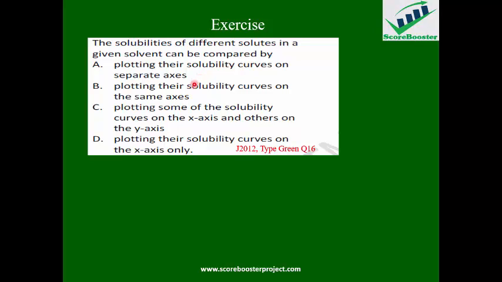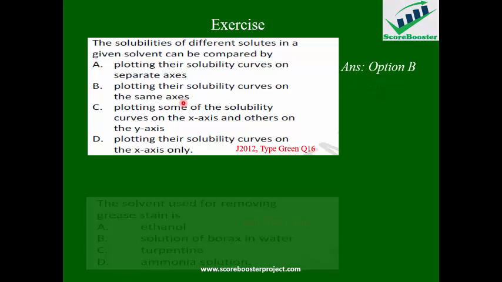That's why you see the plural form, axes. So the values are plotted on it, and you are going to see that this one is more soluble than this at different temperatures. Option B is the answer.